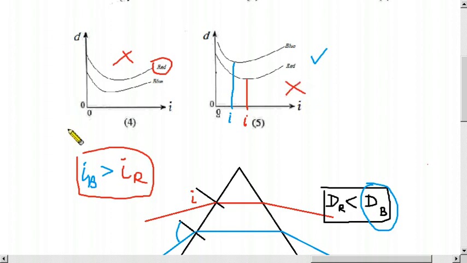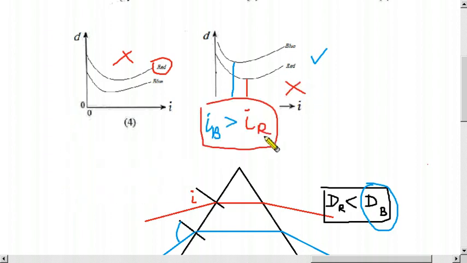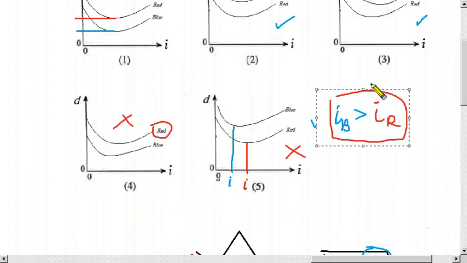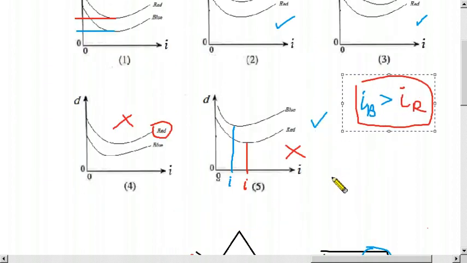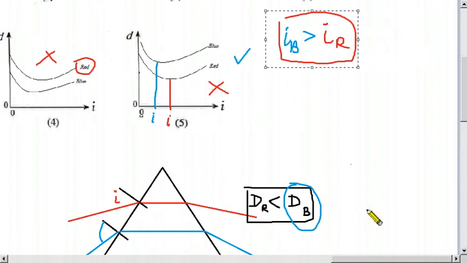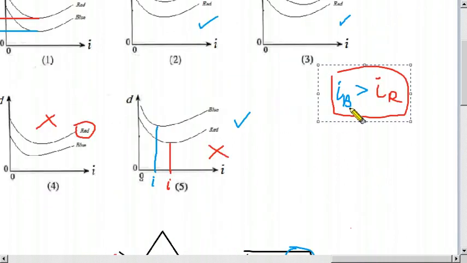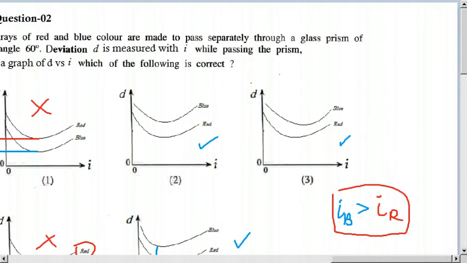Let us take our condition closer to the graph. So let us check now this one. I value of red is here. You have to get the minimum D point like this. It is changing, so this one is the minimum point.